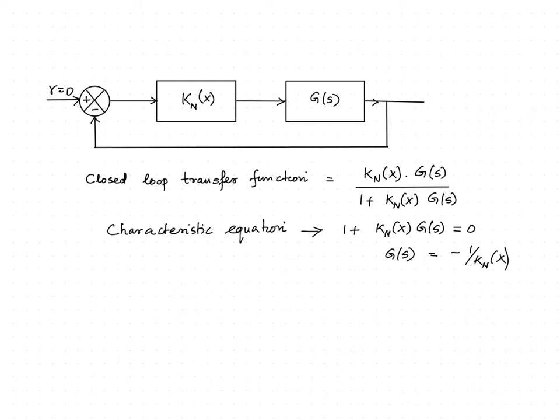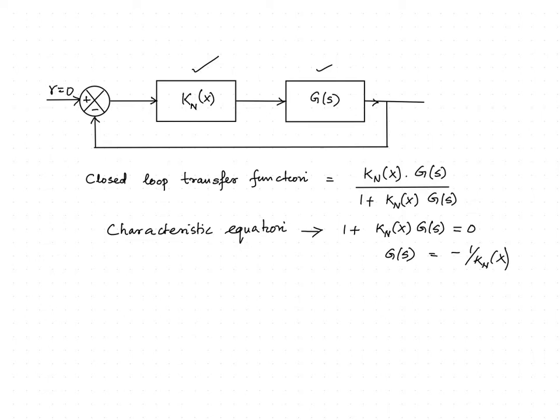The stability analysis of nonlinear systems using describing function also has close similarity with the stability analysis of linear systems using the Nyquist stability criterion. Let us consider the closed loop system shown in the figure, which has a nonlinear element whose describing function is given as Kn(X) and a linear element whose transfer function is given as G(s).